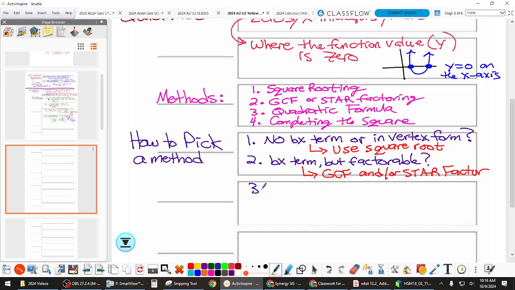And then 3. I'll say it this way, I guess. Stuck. The quadratic formula always works. But typically it would be more work than doing it these ways.